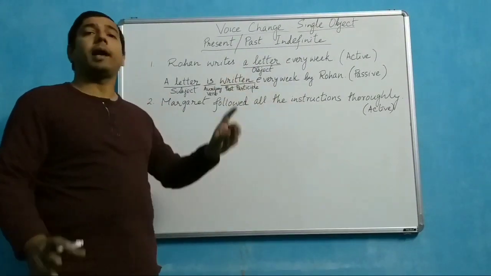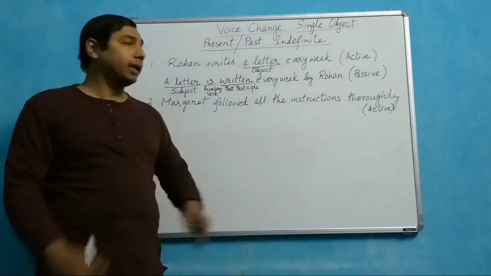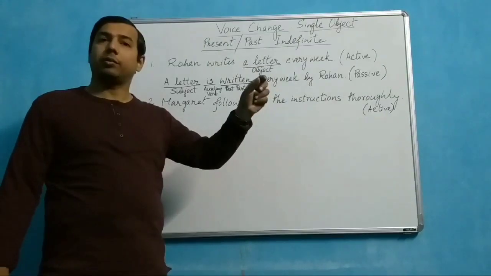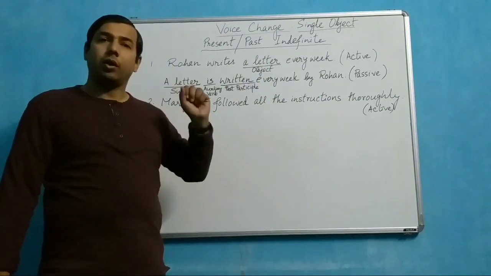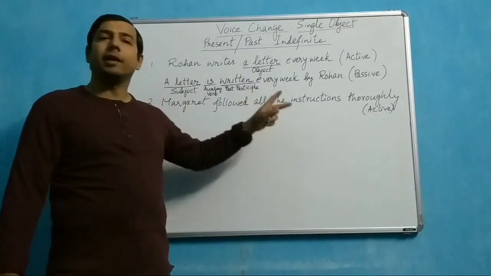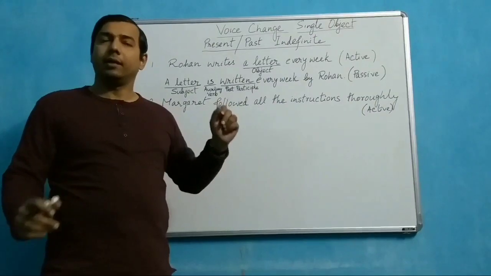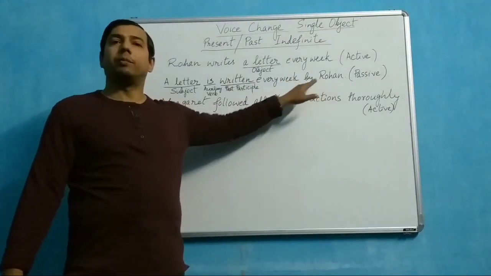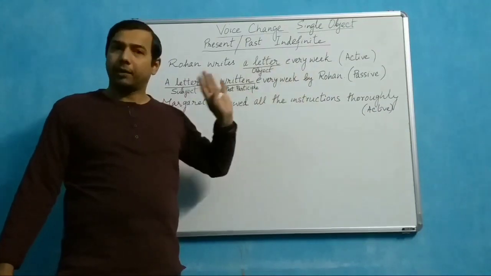Now generally what I can say is that if the complement is a short phrase and if it doesn't really look peculiar, it's better to place the agent with by after the complement.